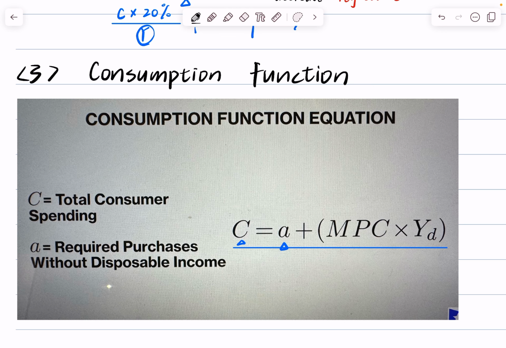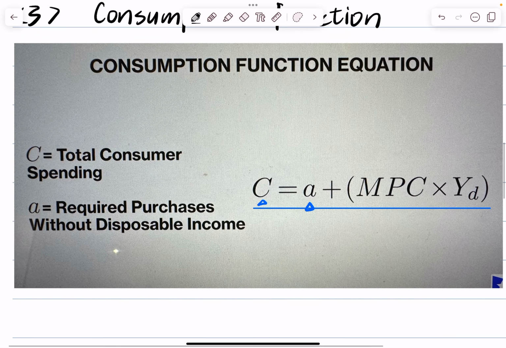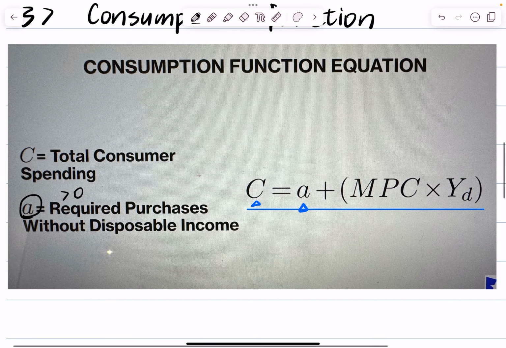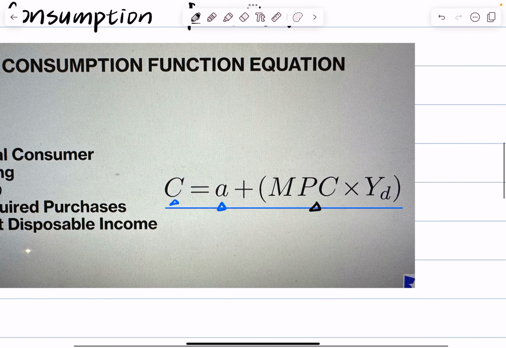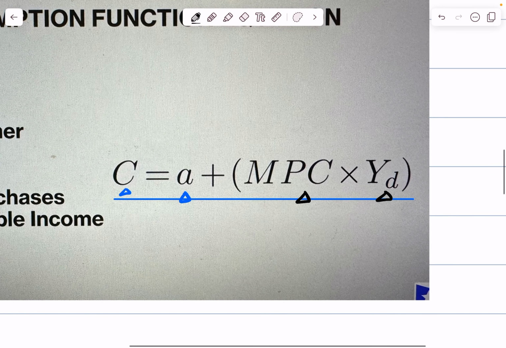and so it's always larger than 0, and then plus MPC multiplied by disposable income. What is MPC? You may ask me this question. It's also not so difficult a concept. It's called marginal propensity to consume.